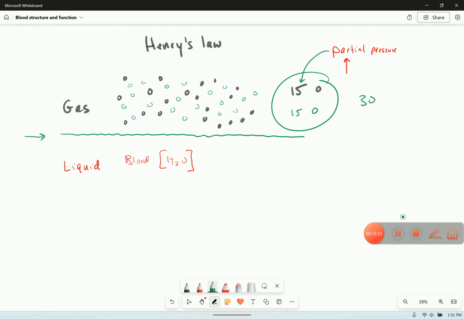Okay, so let's say that we're going to focus on just the green gases. Then we're going to say the partial pressure is 15. Now, what does that translate into more realistic terms? Well, 1 ATM, or atmospheric pressure, which is the pressure gases exert at sea level, is also the same as 760 millimeters of mercury.